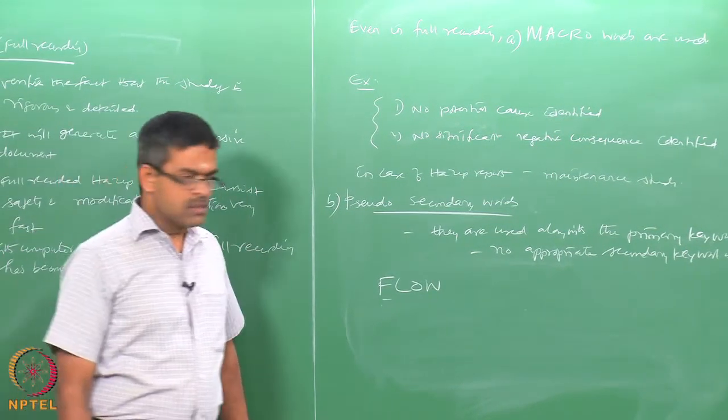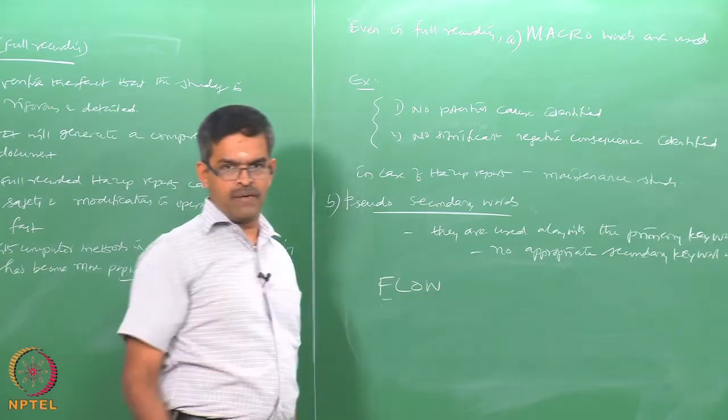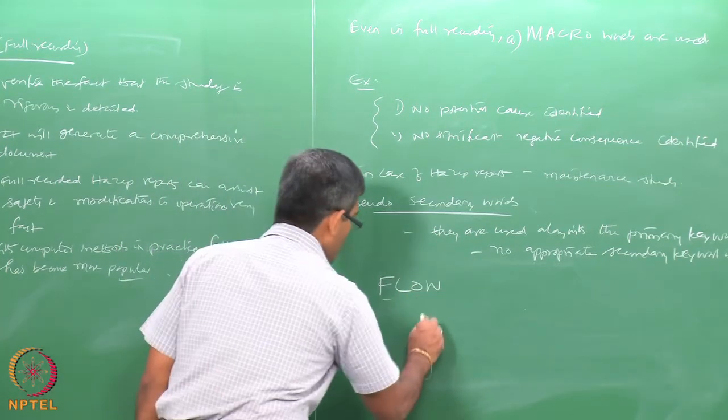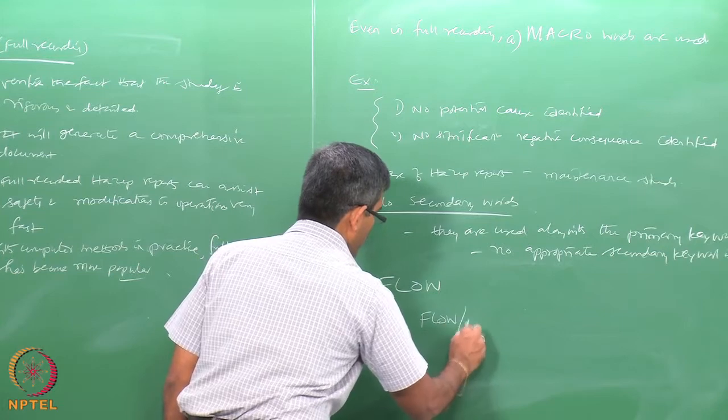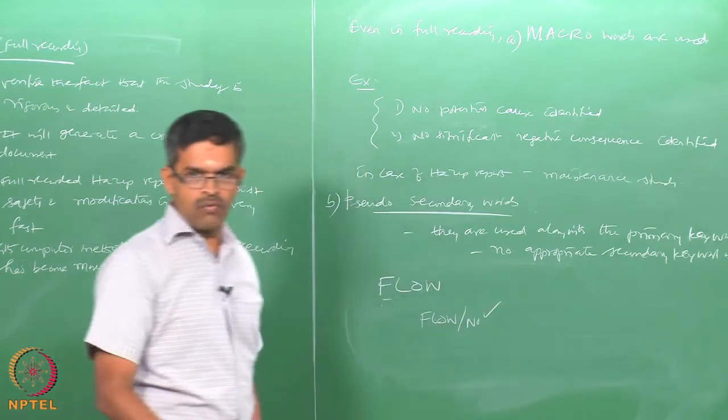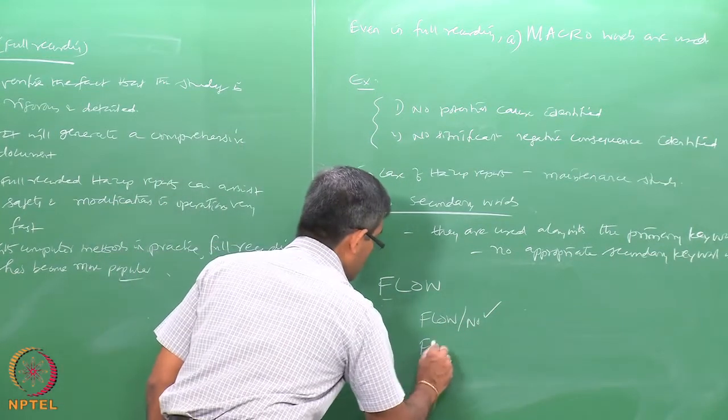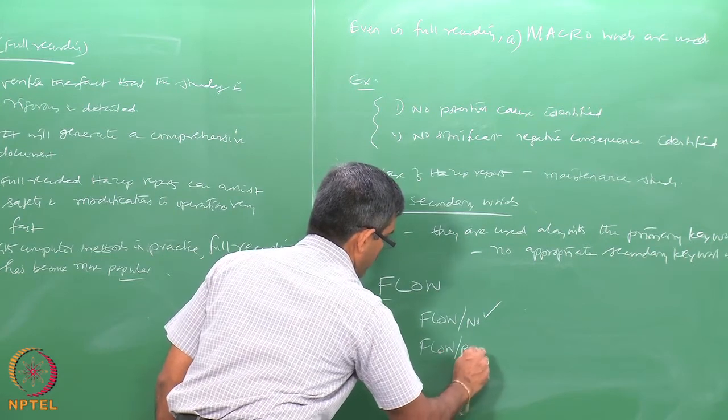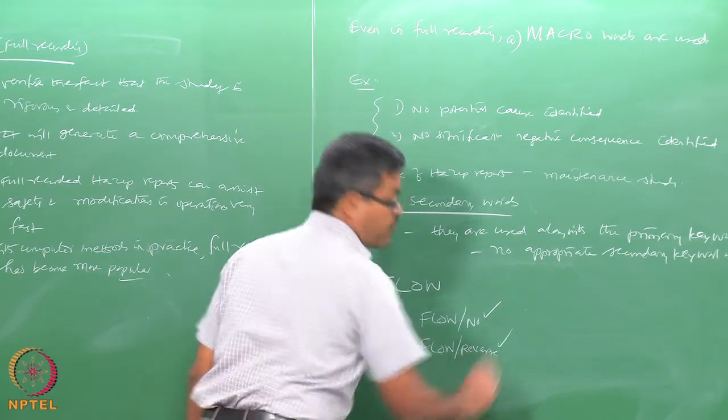Some combinations of secondary with primary have some meaning. For example, flow no is meaningful, there is no flow. Flow reverse has a meaning because the direction of flow is reversed.